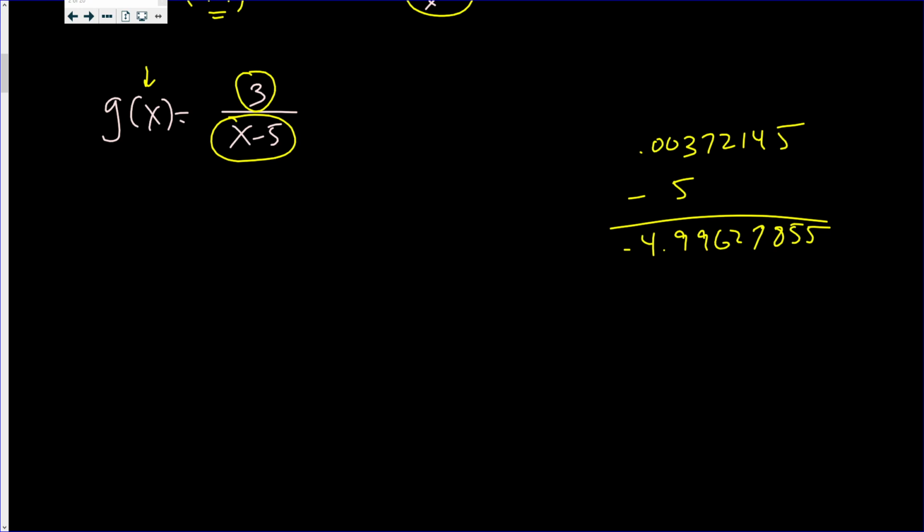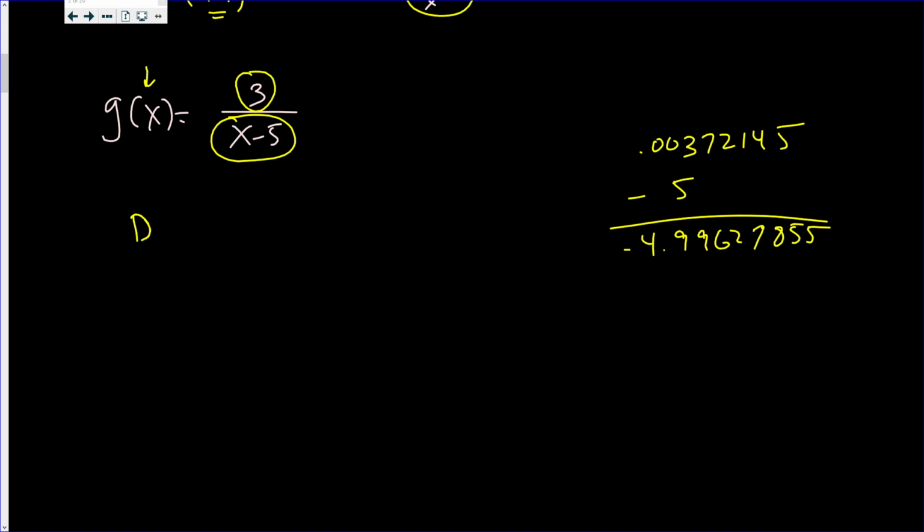Now we have to think about division. So I'm definitely dividing 3 by a number. What can I divide 3 by? I can divide 3 by every single number except 0. I can't divide by 0.